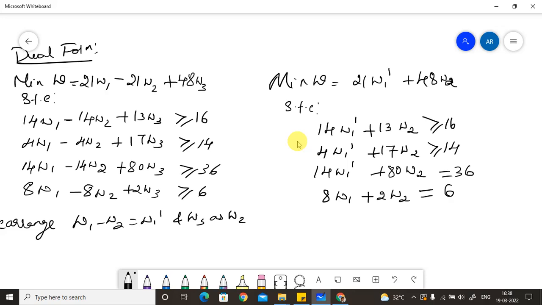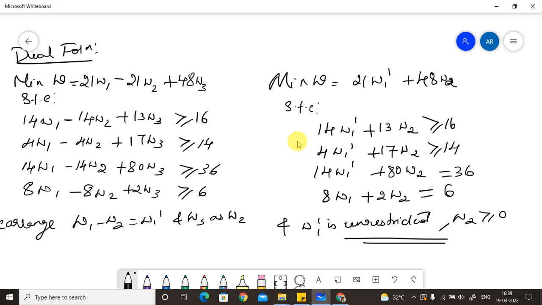And finally, w1 dash is unrestricted, comma, w2 should always be greater than or equal to 0. So this is your final duality theory, or dual form, of the given primal LPP.